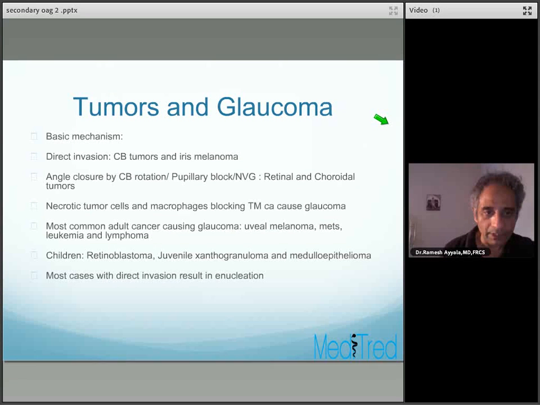The most common adult cancers causing glaucoma include uveal melanomas, metastasis, leukemia, and lymphoma. Whereas in children, it is retinoblastoma, juvenile xanthogranuloma, and medulloepithelioma. Most cases with direct invasion result in enucleation.